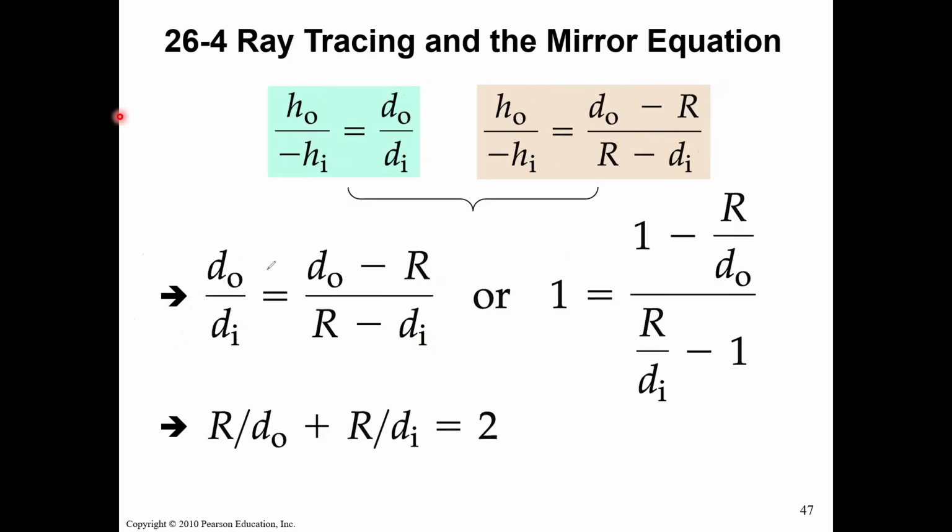So in this equation, we have only one unknown, which is this DI. We canceled HI here. And we further divide both sides by DO and multiply both sides by DI. Okay, we arrive at this kind of equation: R divided by DO plus R divided by DI is 2.